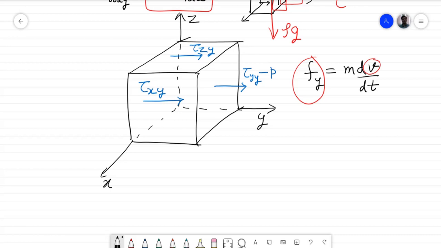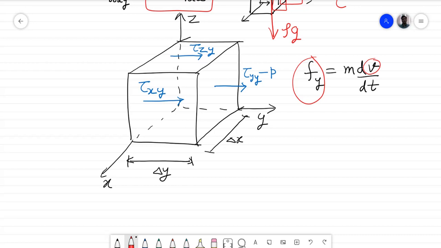But here it is not the same point. There is a finite distance separating the two surfaces. So this is delta y, this is delta x. Similarly, the vertical height is delta z.